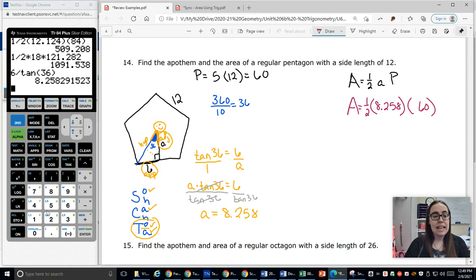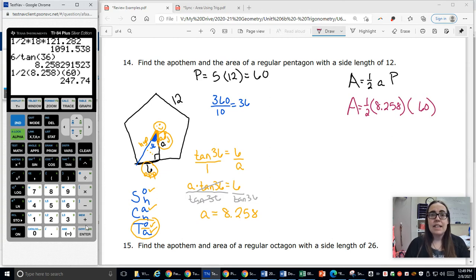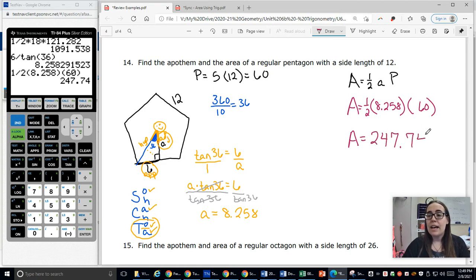So let's put this in the calculator. 1/2 times 8.258 times 60 is going to give me an area of 247.74. And I believe on your practice assessment, it does ask you to round to the nearest whole number. So I would say 248.